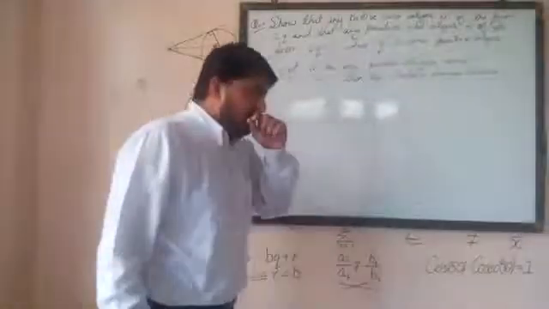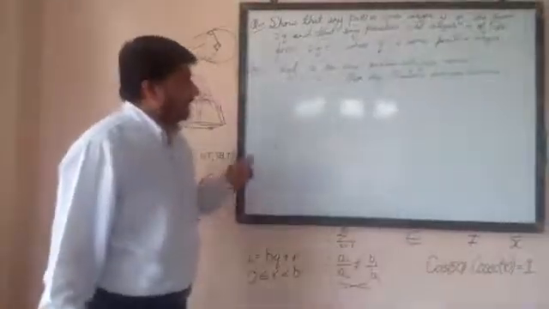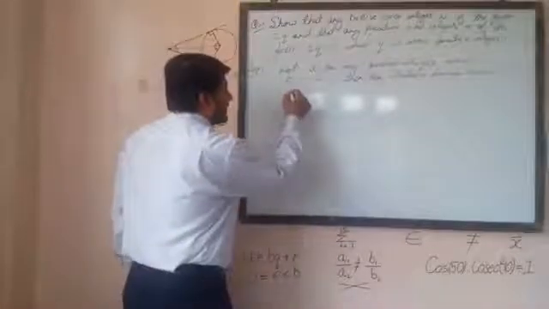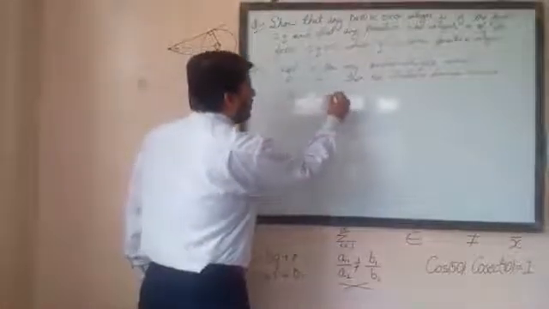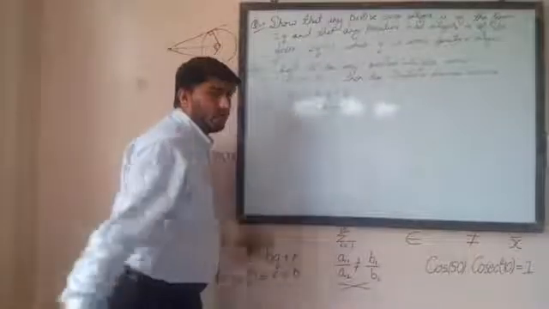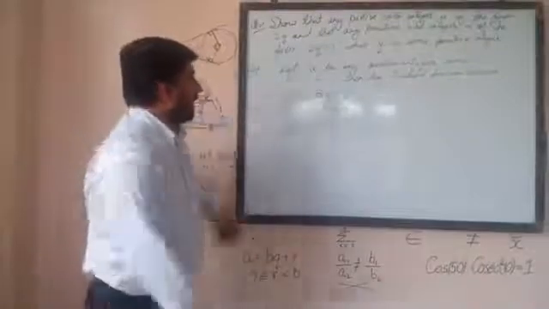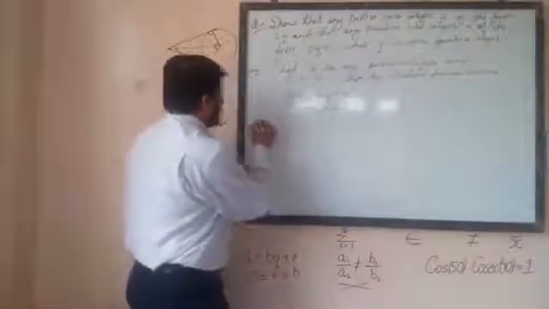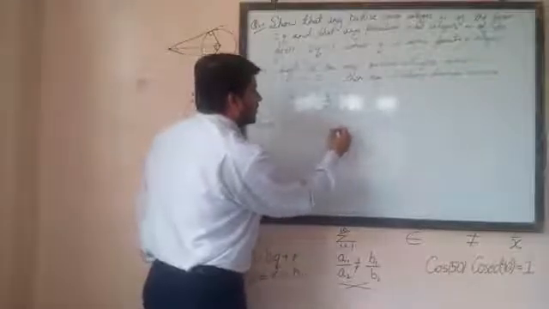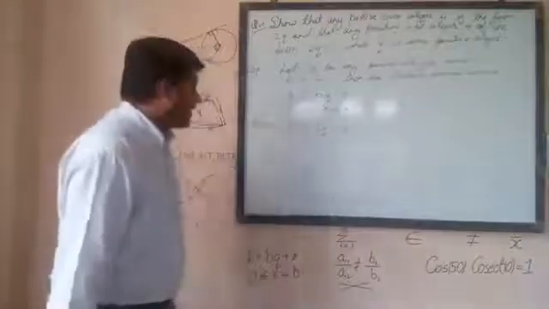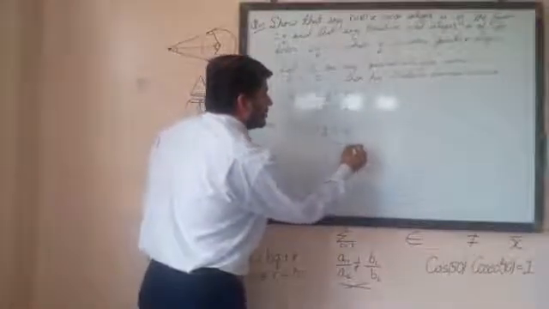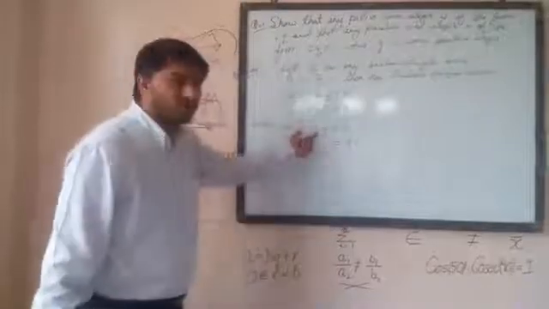what can we write in that form? We can write A equals BQ plus R, where R is greater than or equal to 0 and less than B. Putting the value of B as 2, we can write A equals 2Q plus R, where R is 0 or 1 because B is 2.